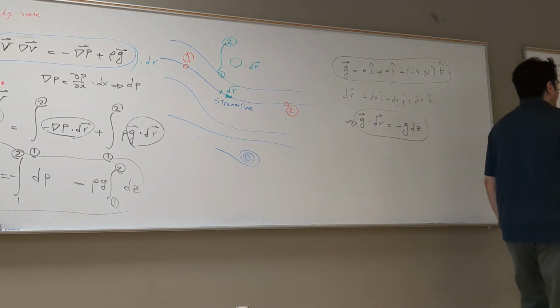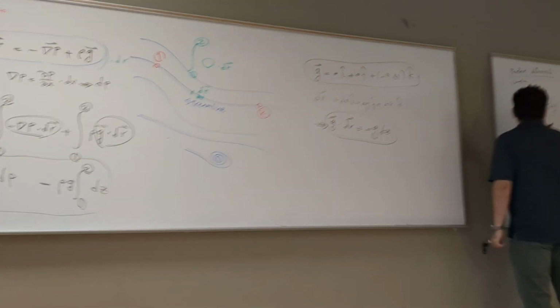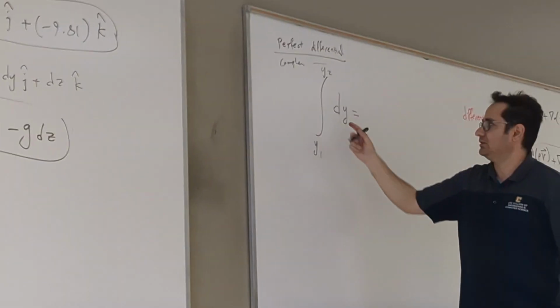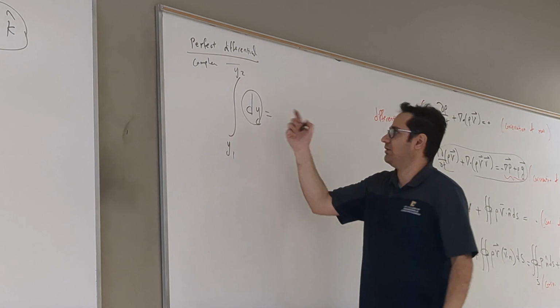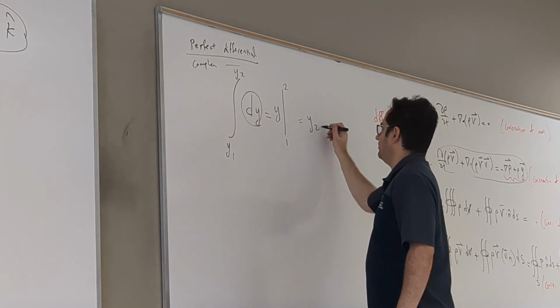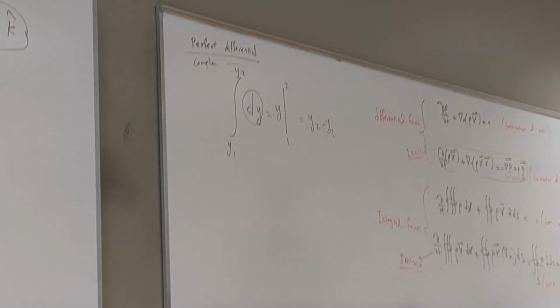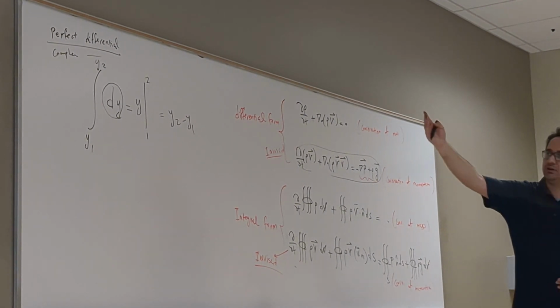And it's very simple. Look, if you have this full differential dy, and you integrate from y1 to y2, what's the integral of dy? y itself, right? So it's y from 1 to 2, which is y2 minus y1. In the more general case, we call this a perfect or exact or complete differential.